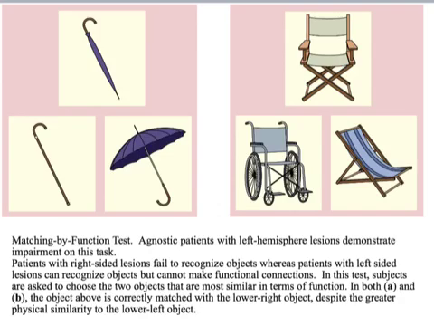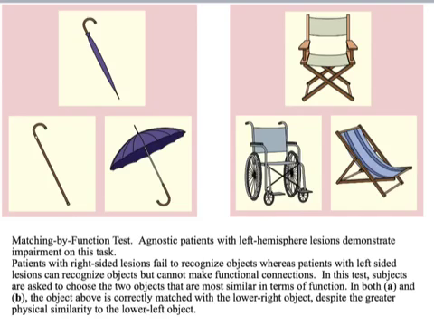The matching by function test is another test for agnosia. So they tested agnostic patients with left hemisphere lesions, and those were the ones that showed impairment on this test. Patients with right-sided lesions fail to recognize objects, whereas patients with left-sided lesions can recognize objects, but they can't make functional connections.